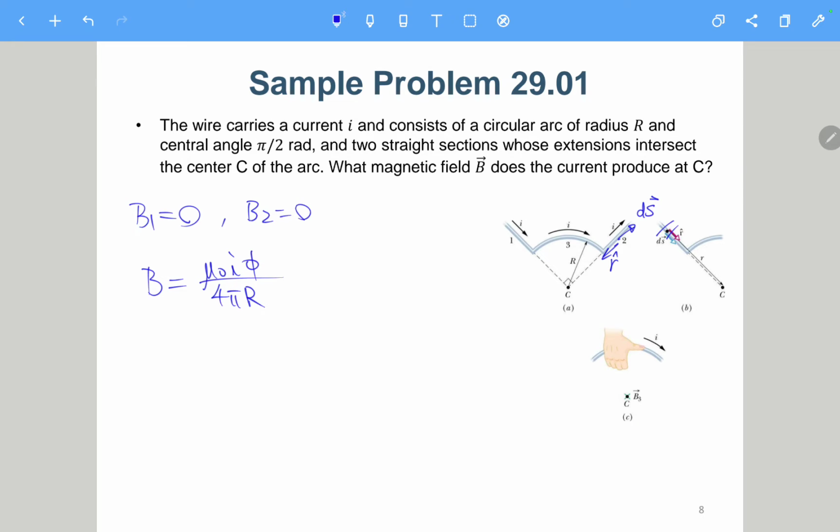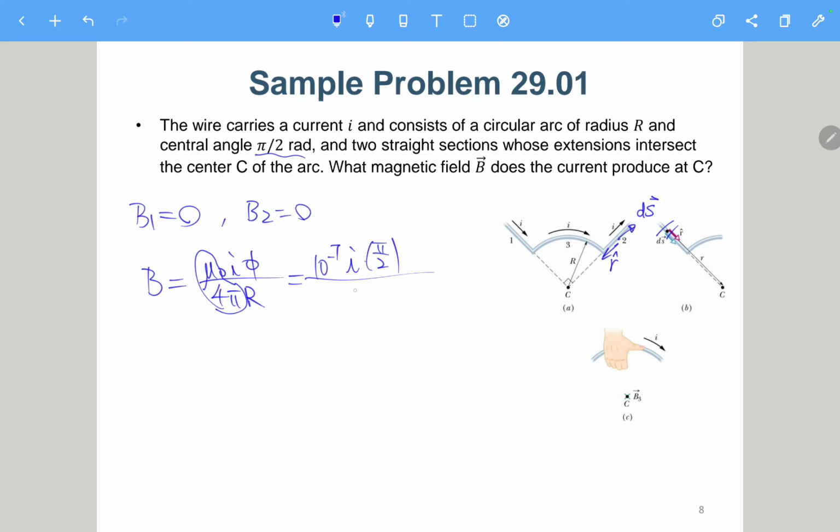We just make use of the formula from the previous slide, and here we plug in the values. Mu 0 over 4 pi is 10 to the negative 7, times I. It does not provide what I is, so I just keep it as a variable. For phi, it is pi over 2, and the 4 pi is already included, so we don't duplicate it.